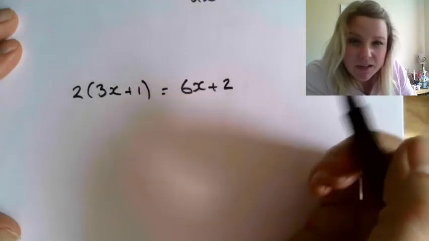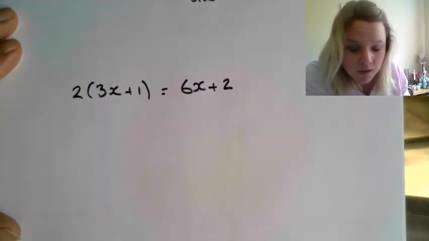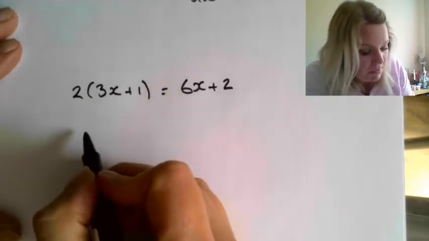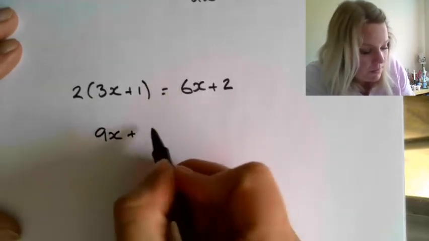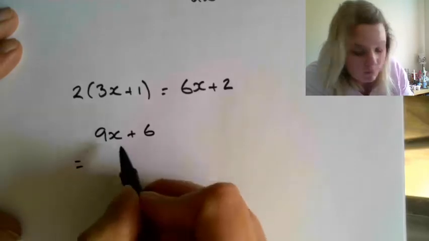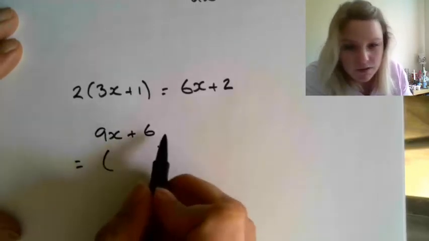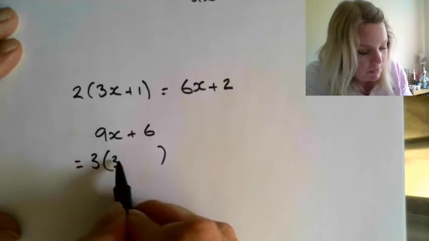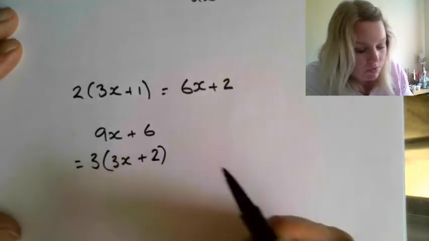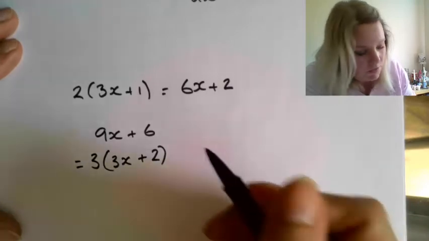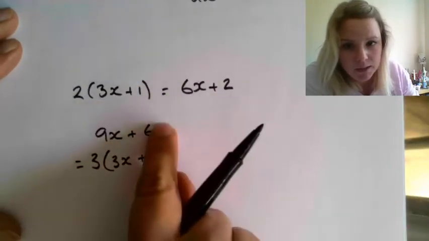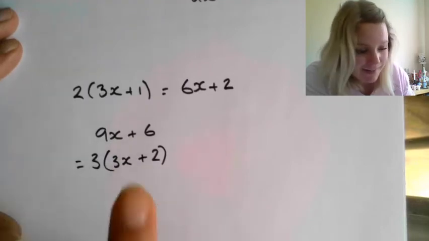And then factorizing would have been going backwards. So working our way back from that. So taking something like 9x plus 6 and putting in the bracket. So we would be seeing that 3 could go into both of these terms, and 3 needs to be multiplied by 3x to give me 9x, and 2 to give me 6. So this step is the multiplying out the bracket, and going the opposite way round is factorizing.